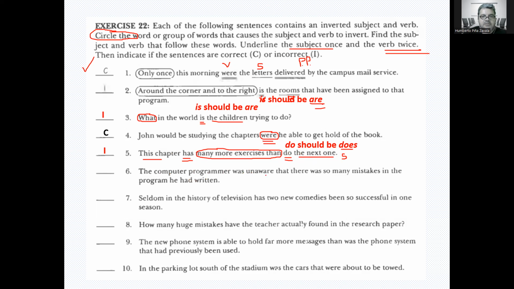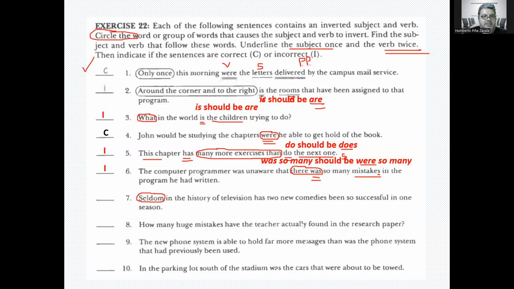The computer programmer was unaware that there was, an expression of place, was so many mistakes. Mistakes is a plural subject, so it should be were. Were so many mistakes in the program he had written. Seldom, right?